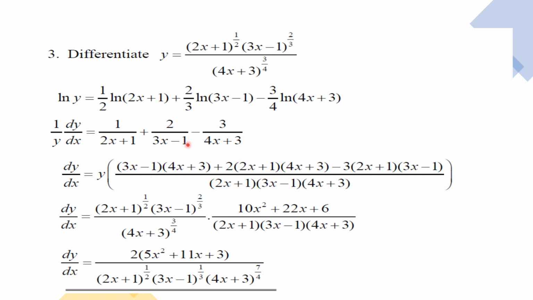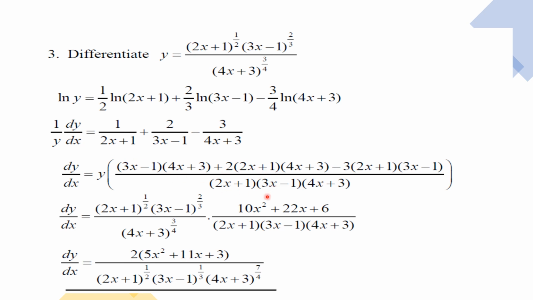Next, you need to get a common denominator. So you bring the y over, and work out a common denominator by multiplying all three factors together. This is basic algebra. So 1 is multiplied by 3x minus 1 and 4x plus 3. 2 is multiplied by 2x plus 1 and 4x plus 3. 3 is multiplied by 2x plus 1 and 3x minus 1, over the denominator, which is the product of all three factors.